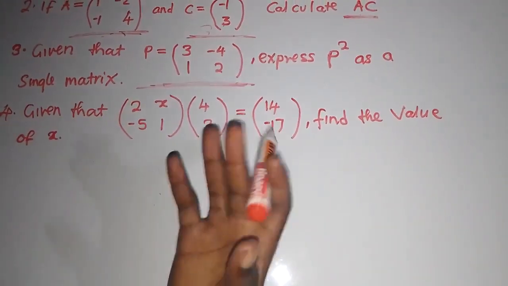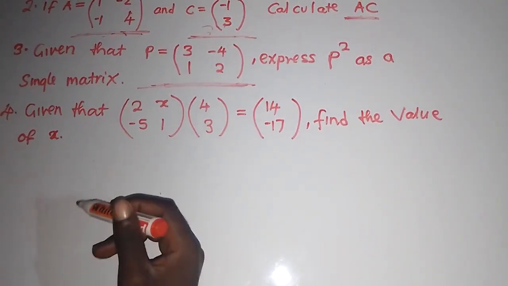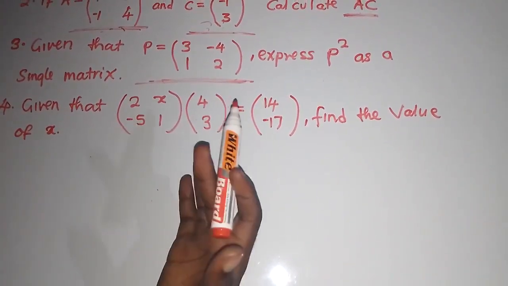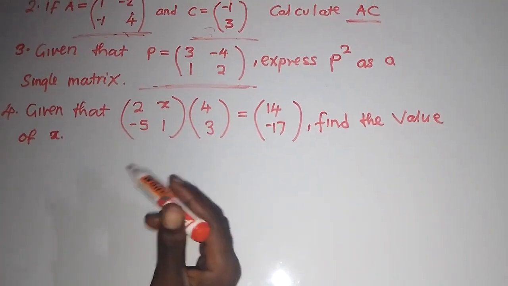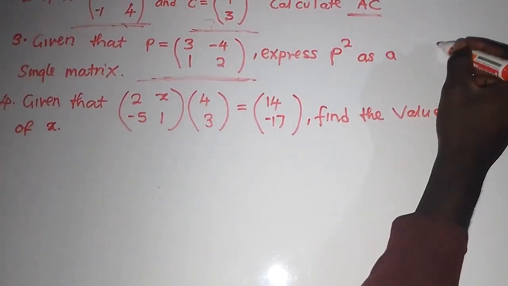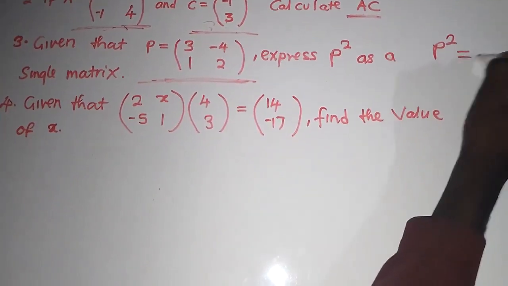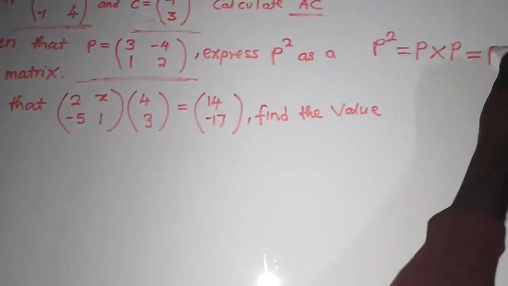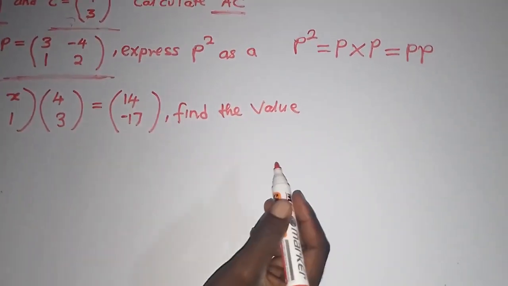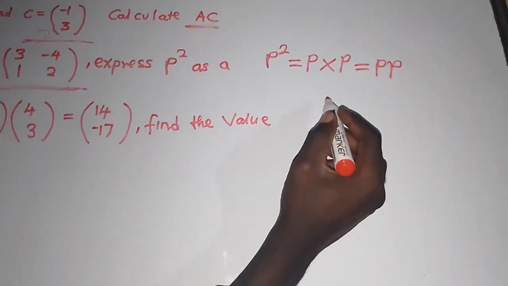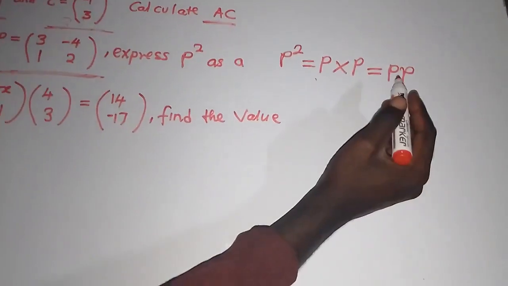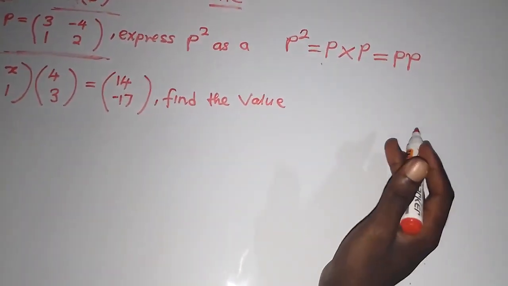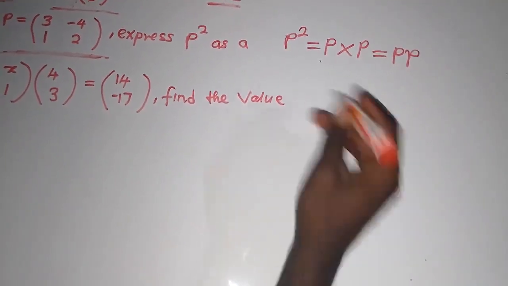P squared is just the same as P times P. So P squared means you are multiplying P and P. So they are telling you to express it as a single matrix.